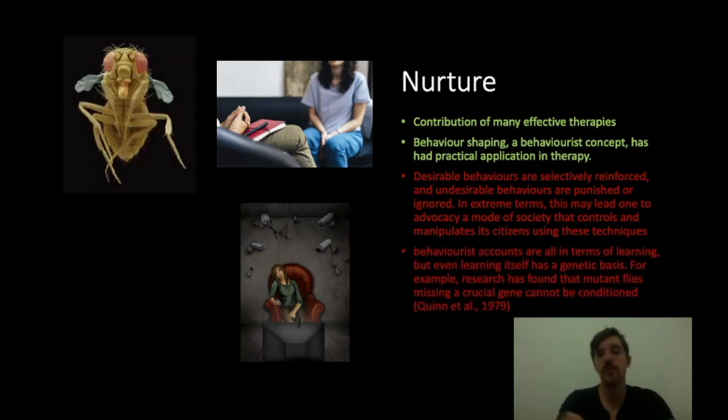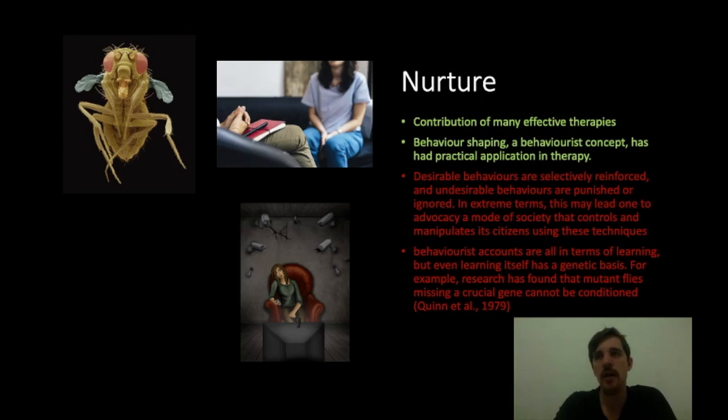Then moving on to the next point: behaviors are accounted for in terms of learning, but learning itself has a genetic basis. For example, researchers found that mutant fruit flies missing a crucial gene cannot be conditioned. And you can argue that kids who have a natural intelligence will shape their own workspace.